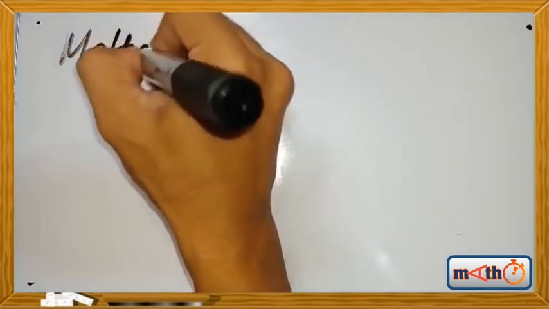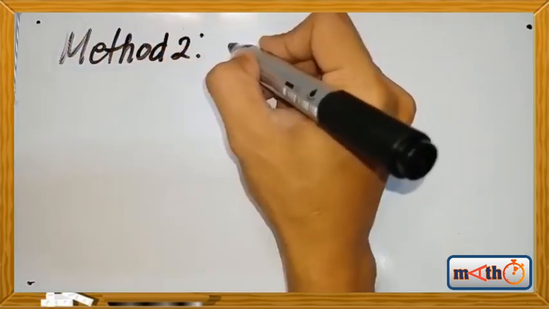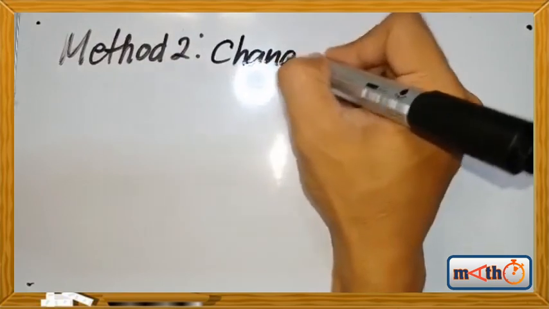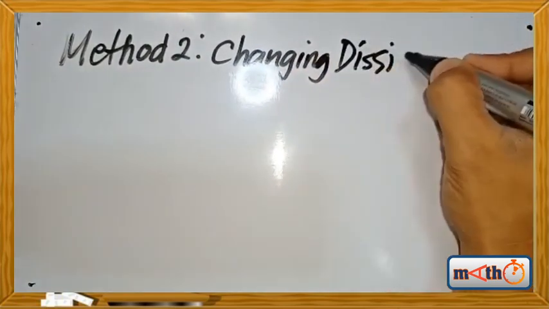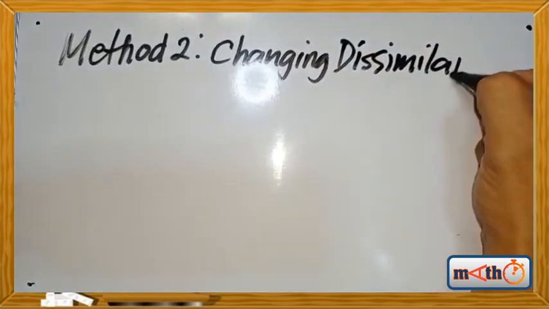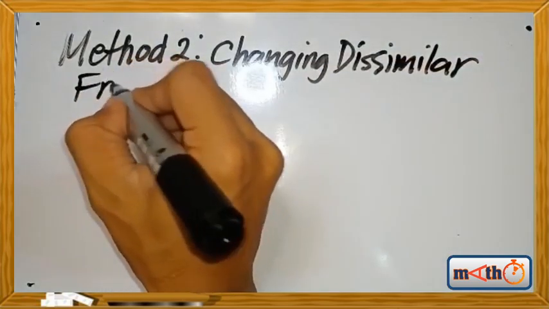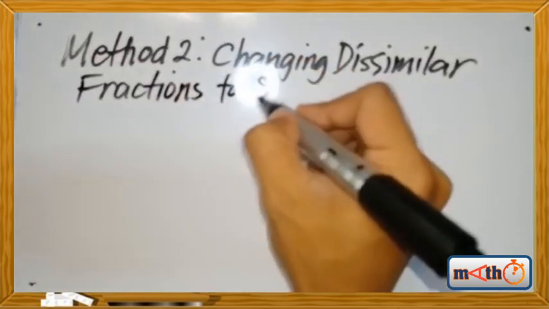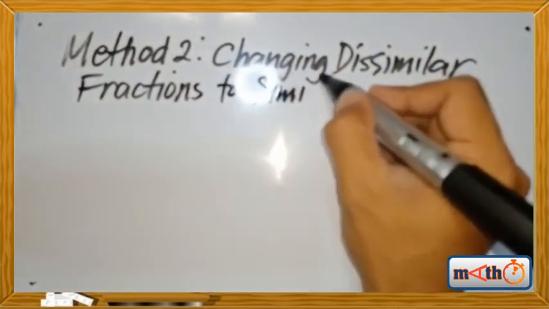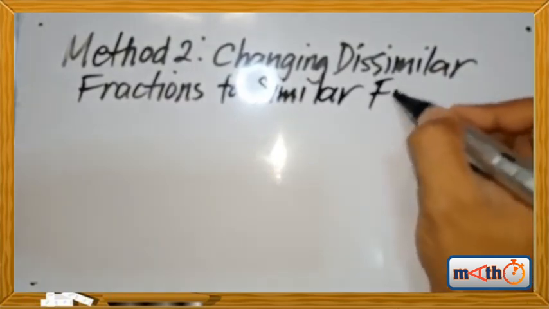What is method number 2? That is changing dissimilar fractions to similar fractions.